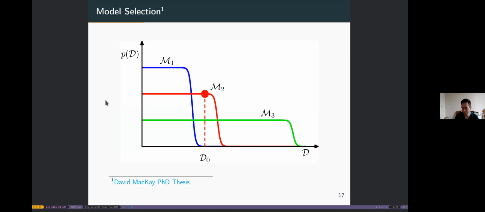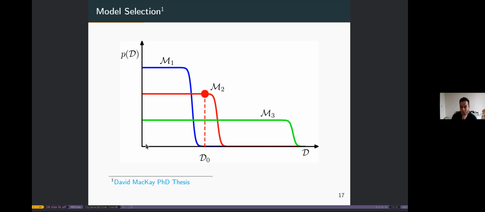So the idea of this plot is this. I have 3 different models, M1, M2, and M3, and I compute the evidence for these 3 models. I have a data space here on the x-axis, and this data space is ordered such that down here I've got data which is simple, and up here I've got data which is complicated.